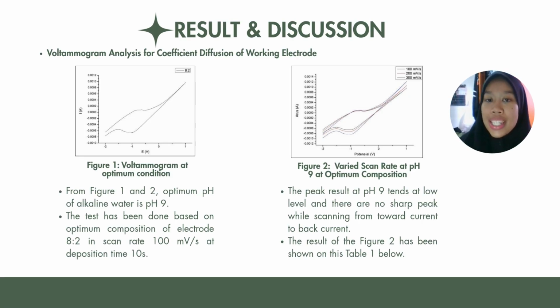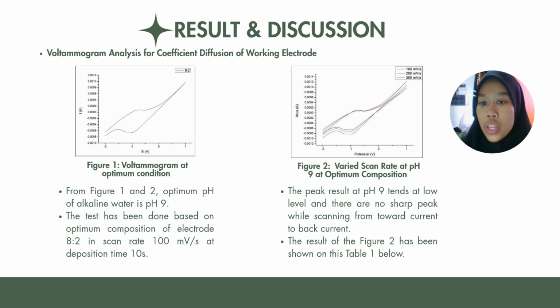Moving on to the result and discussion, these results are for the voltammogram analysis for the diffusion coefficient of the working electrode. Figure 1 shows the voltammogram at optimum condition, and figure 2 shows the varied scan rate at pH 9 and optimum condition.